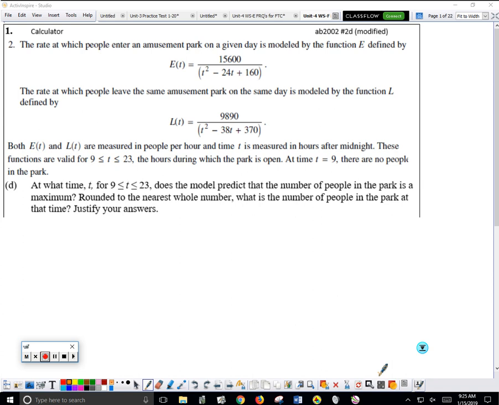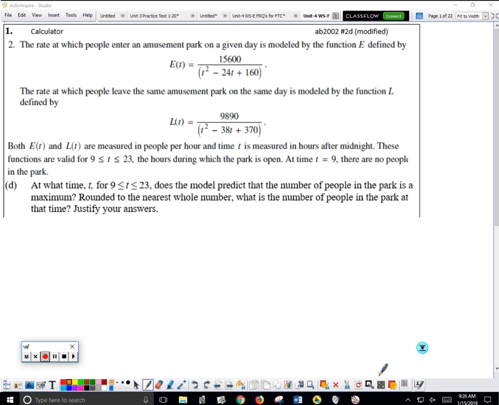Nowhere in the reading do they give a symbol to represent the number of people in the park. They give symbols to represent the rate at which people enter and the rate at which people leave, but they don't give a symbol for the number. So you will find that it's much easier to get a solution written if you invent a symbol to represent the number.